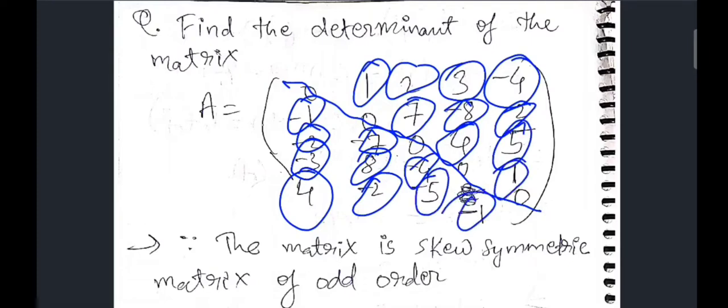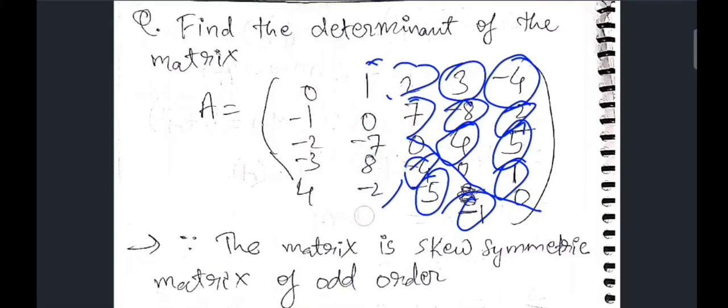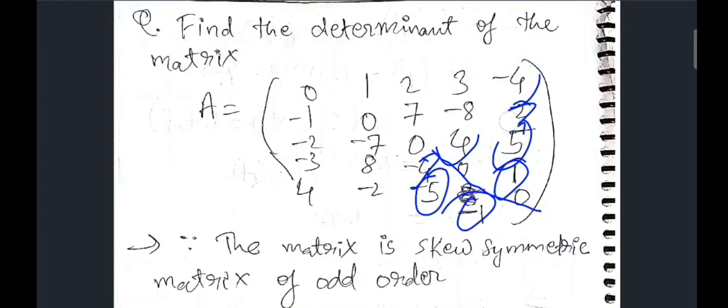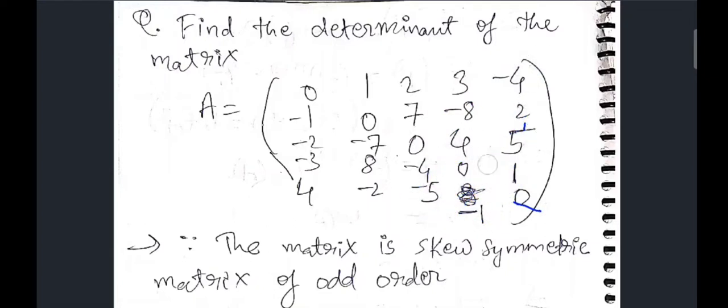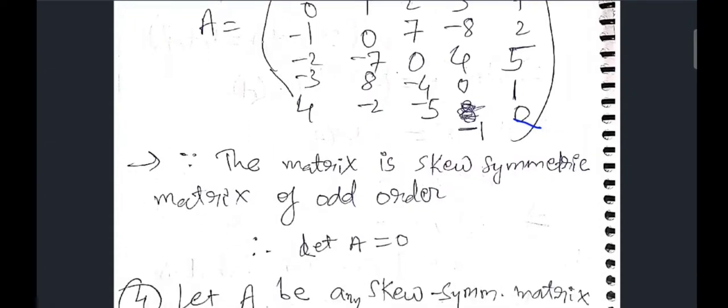So clearly you can see that it is a skew symmetric matrix, as the corresponding elements on both sides of the diagonal have opposite sign. So clearly, if we find the determinant of this, then we can say that the matrix is a skew symmetric matrix of odd order.